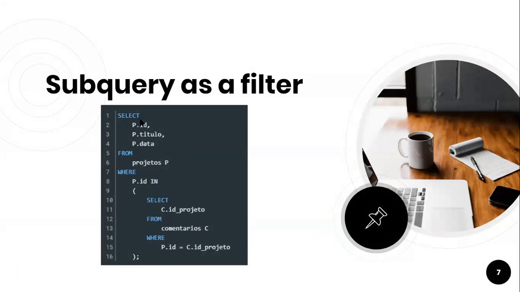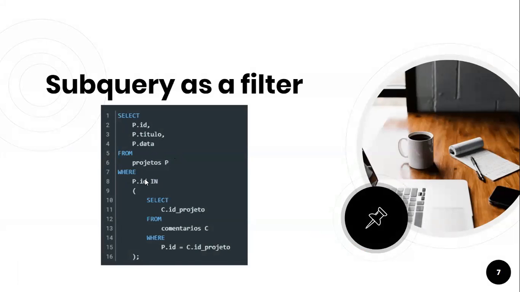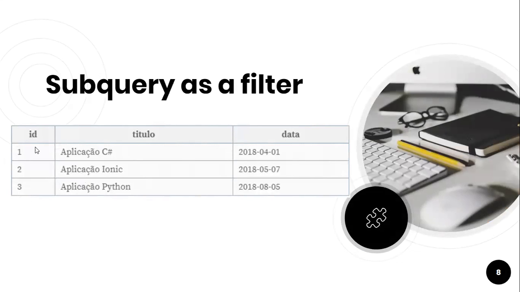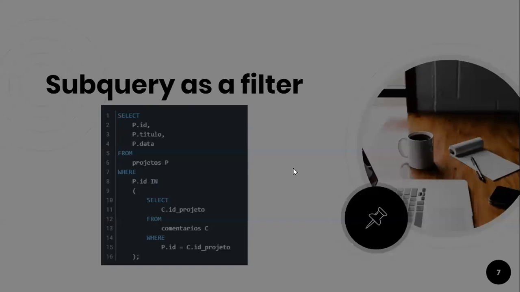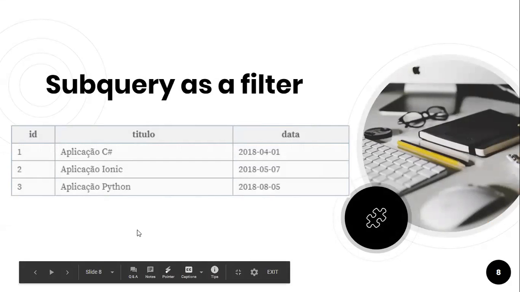And we have, as a result, these three columns, but in the where statement, we have a subquery filtering the main query of the main statement. And the result is the three columns filtered by this subquery.